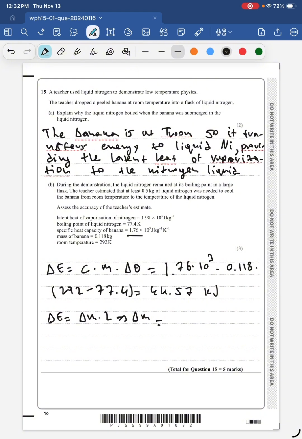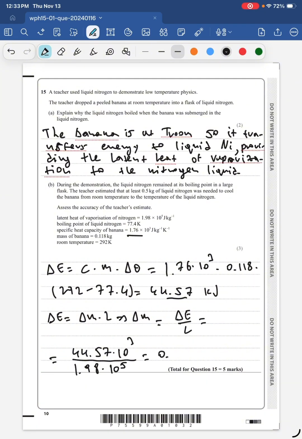So delta M, let me think. So delta M is delta E over L, and delta E is what we just calculated. So 44.57 times 10 to the third over the latent heat, which is 1.98 times 10 to the 5.